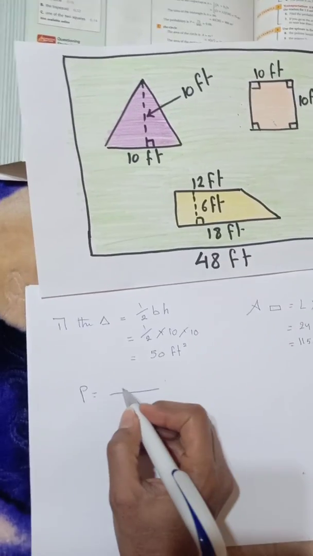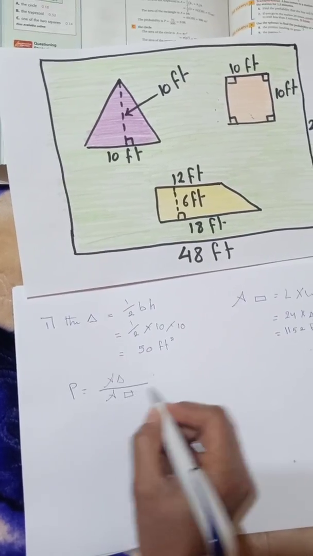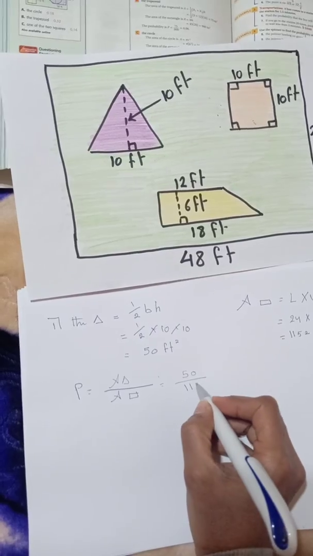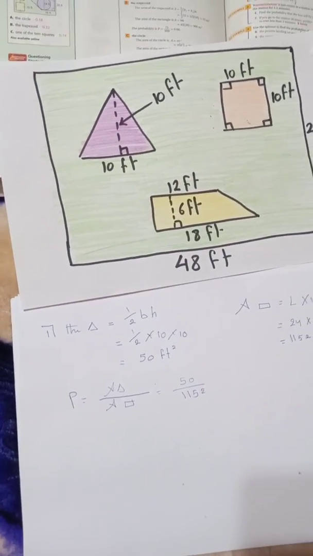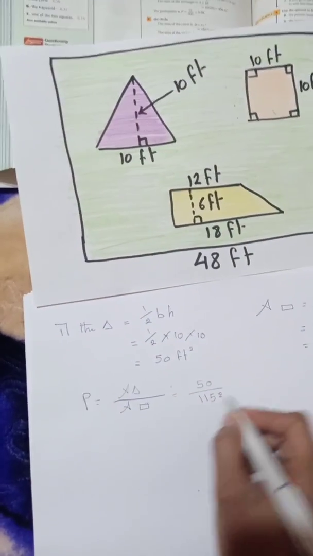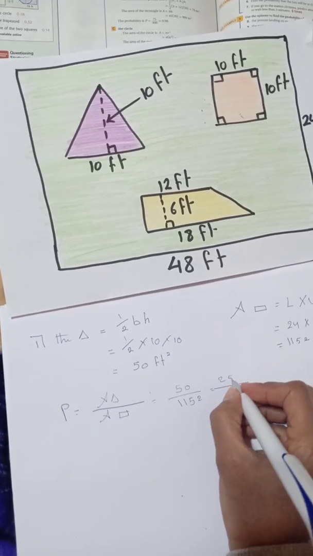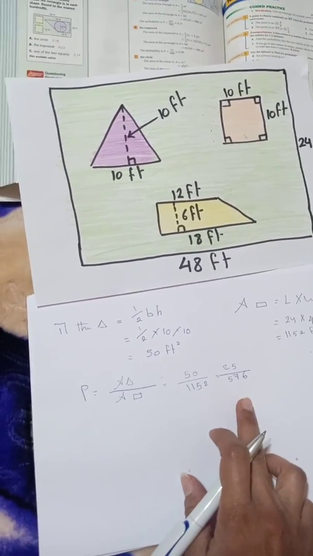So it's going to be area of triangle over area of rectangle, so 50 over 1152. To simplify this result, it equals 25 over 576. This is the first probability.